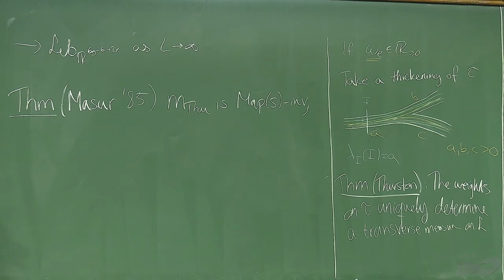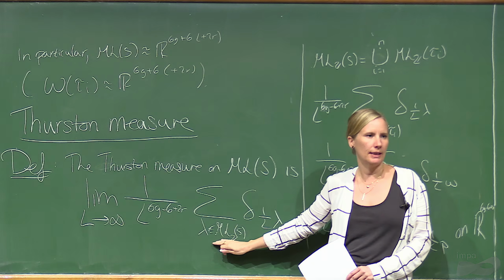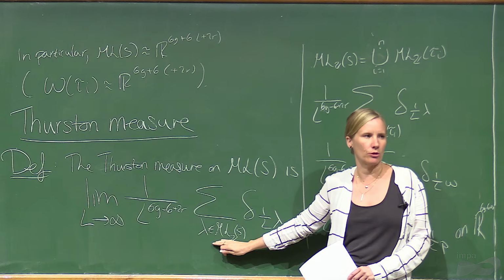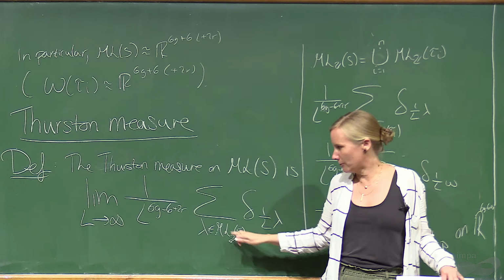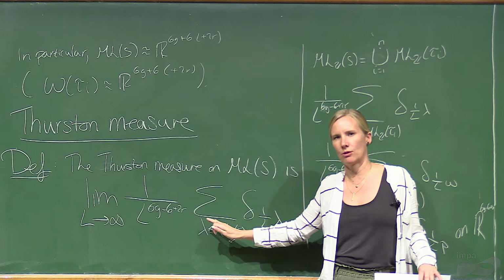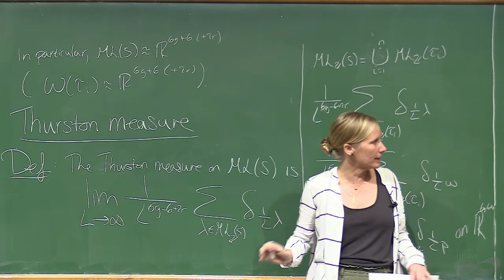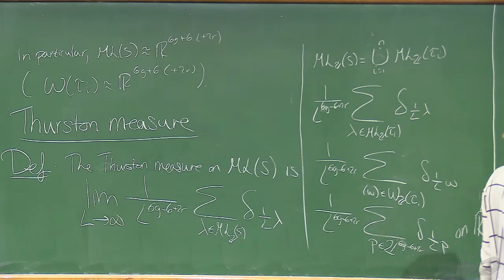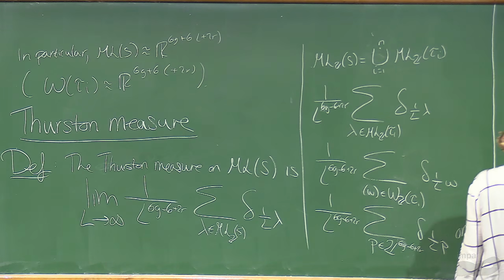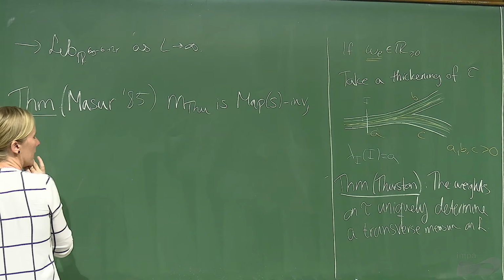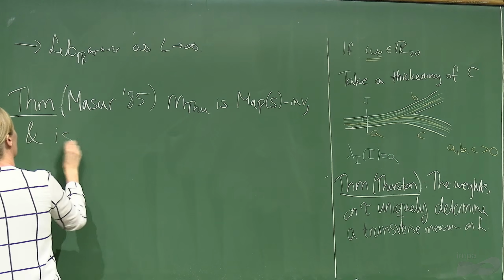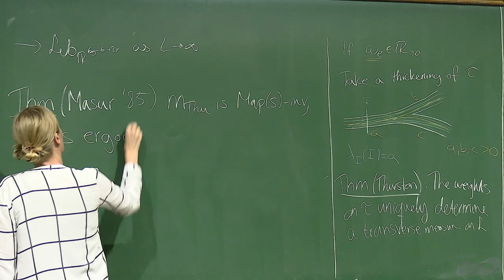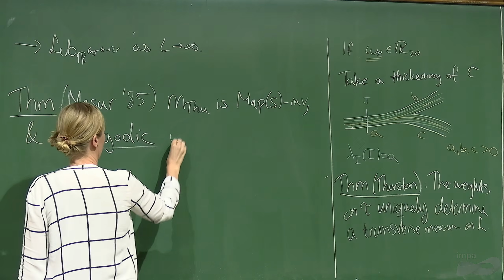If we define it as this limit, ML_Z of S is mapping class group invariant. If you take a simple multicurve with integral coefficients and act by a mapping class, you're still going to get a simple multicurve. You can define the Thurston measure in other ways where it's not so obviously mapping class group invariant, but from the way we define it, it is. What is important, the content of the theorem, is that it's ergodic with respect to the action.